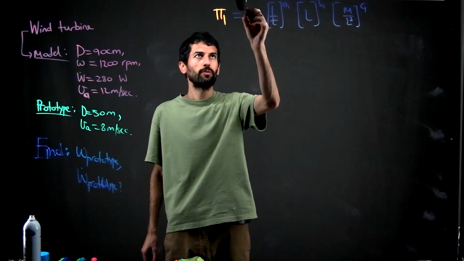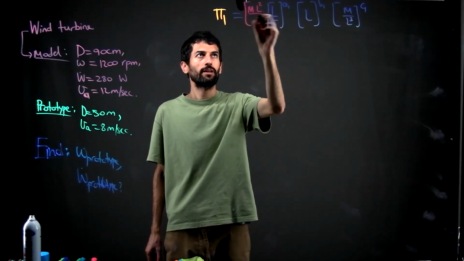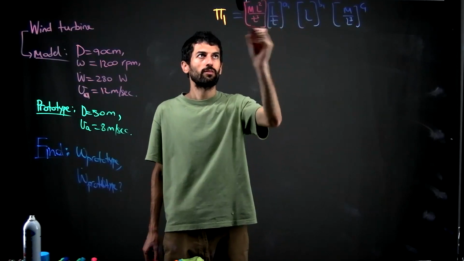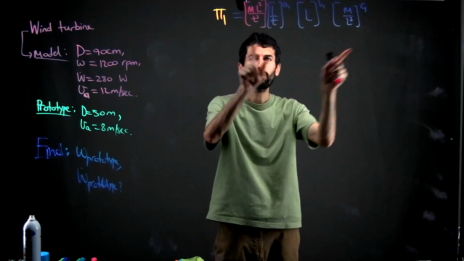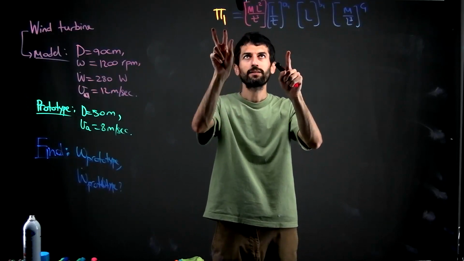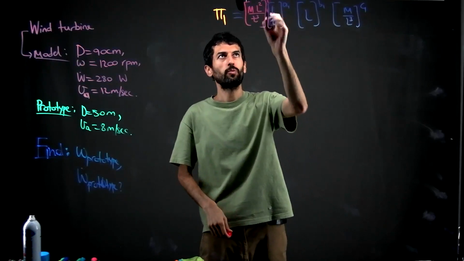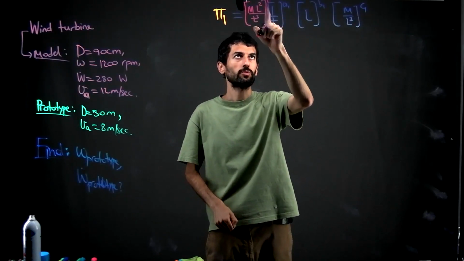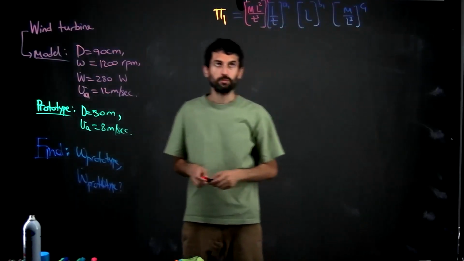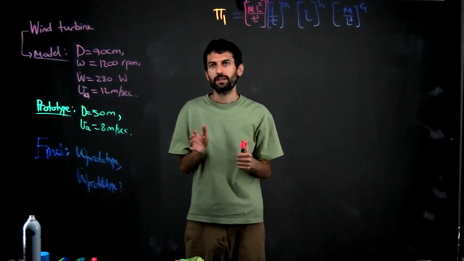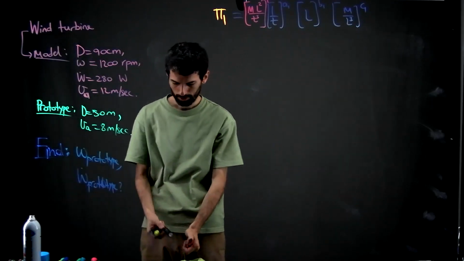So first, the power, it will be that mass, length, and then time to the power of 3. Okay. And this one, and that one, and this one, and that one, all of them should create a non-dimensional number. In other words, this one has an exponent of 1. Okay. So this 1, a1, b1, and c1, all the exponents combined together should create a non-dimensional number. So let's see how it works.